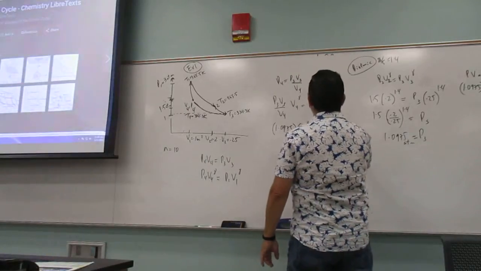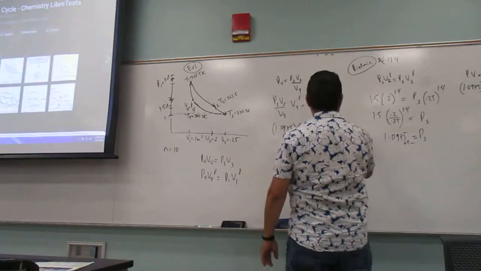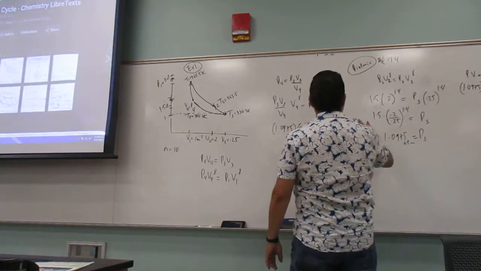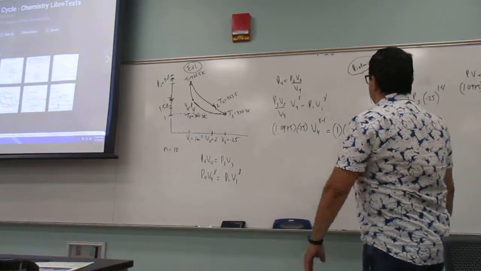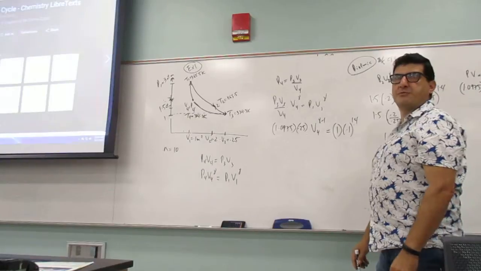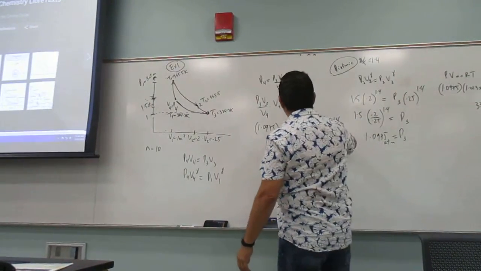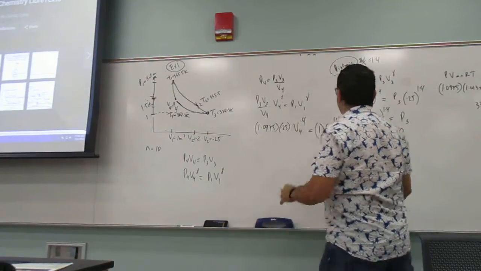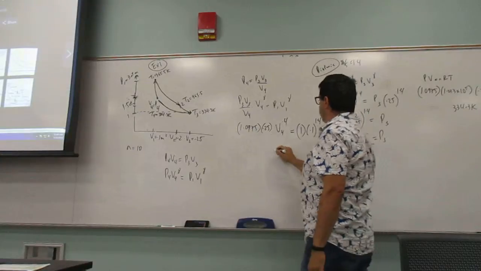V4 to the gamma minus 1. Now P1 is 1 atmosphere. V1 is 0.1 to the gamma, which is 1.4. Okay, so then what do you have here? 1.4 minus 1 is going to be what? 1.4 minus 1, 0.4, right? Then how do you solve that? Well, just do this and bring everything here.